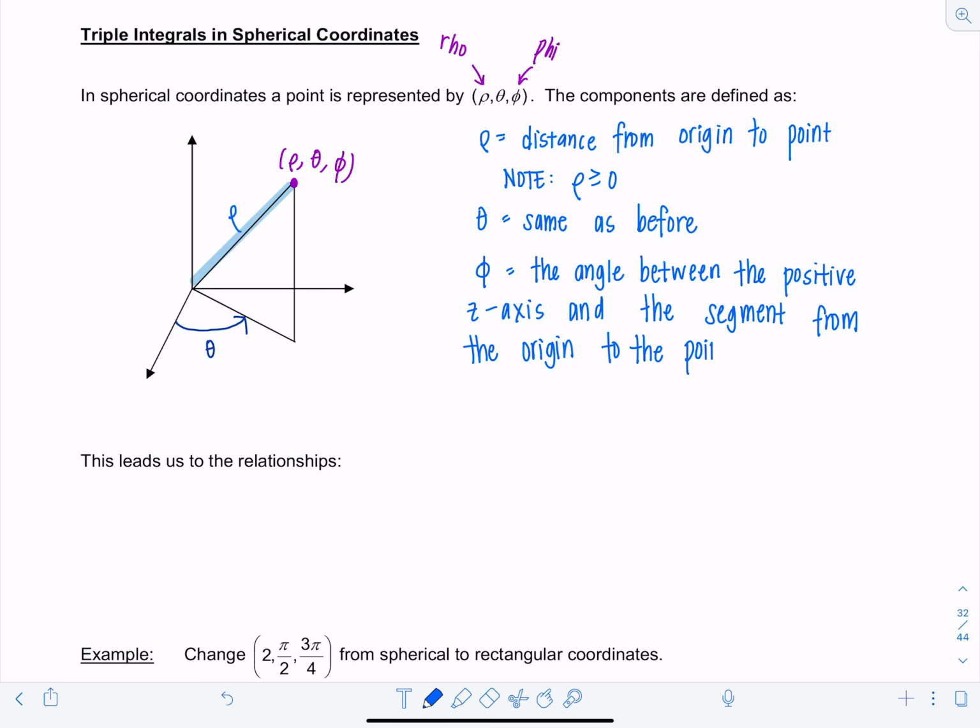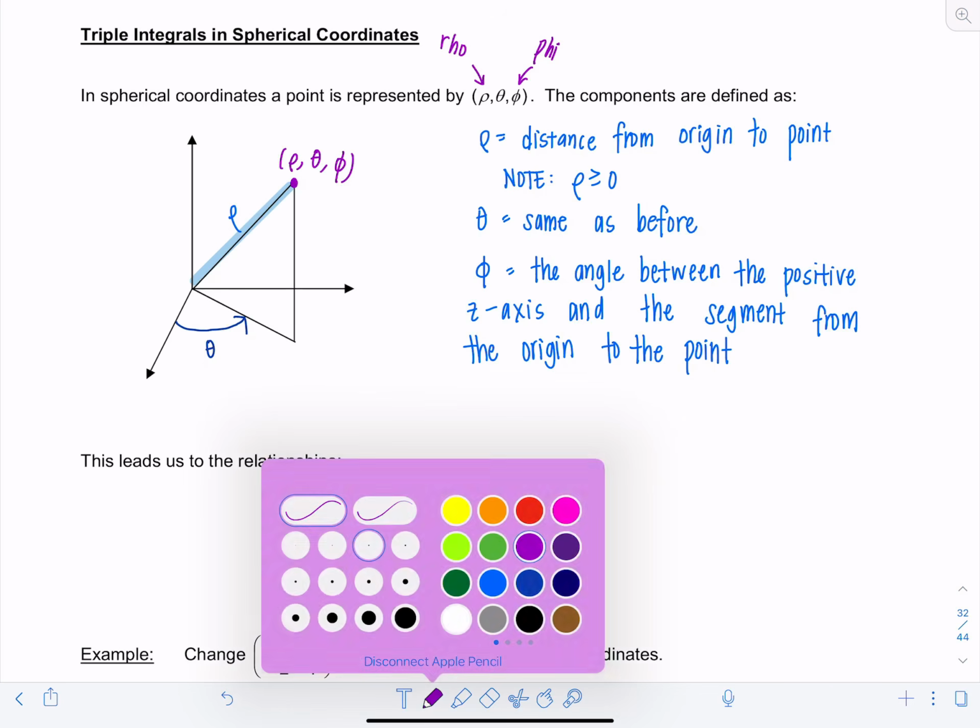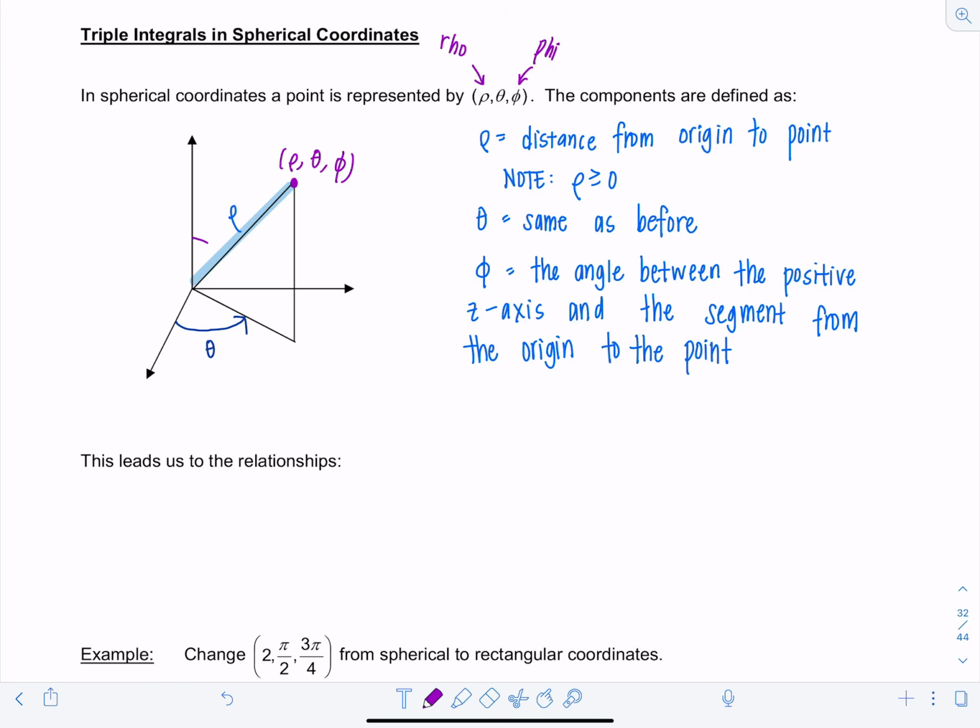Okay, so the segment from the origin to the point, I've already highlighted in blue. So phi is the angle between the positive z-axis and that segment. So let's add that in our picture. So phi is this angle right here.